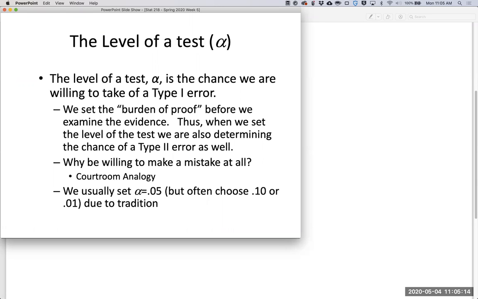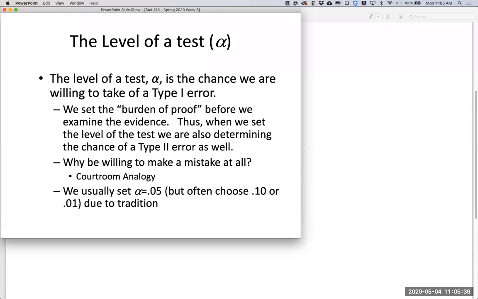Alpha is the chance of a type 1 error that we're willing to take. If we're willing to take a 5% risk of type 1 error, we get then a corresponding type 2 error. If we want to lower a type 2 error, it's almost like the proverbial scales of justice, if you will. If one side goes down, the other side goes up.